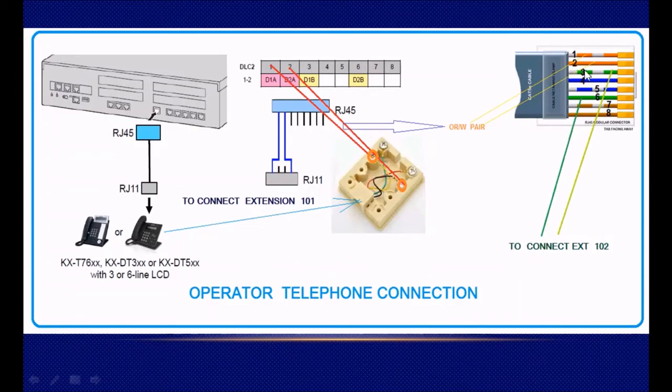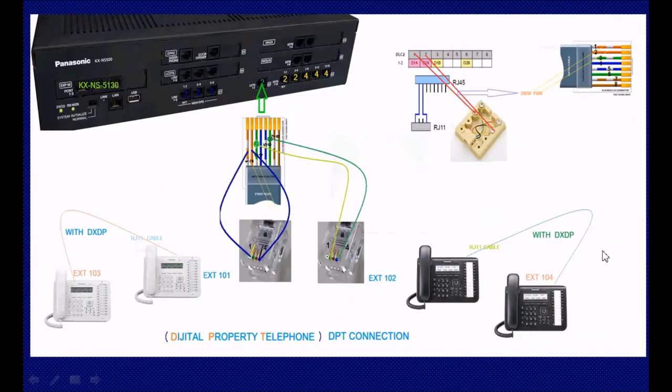Green pair will be used for extension 102. Orange pair will be connected to 1 and 4 because the telephone uses RJ11 interface, and of course another cable can be connected directly from 101 to give 103 with DXDB function.